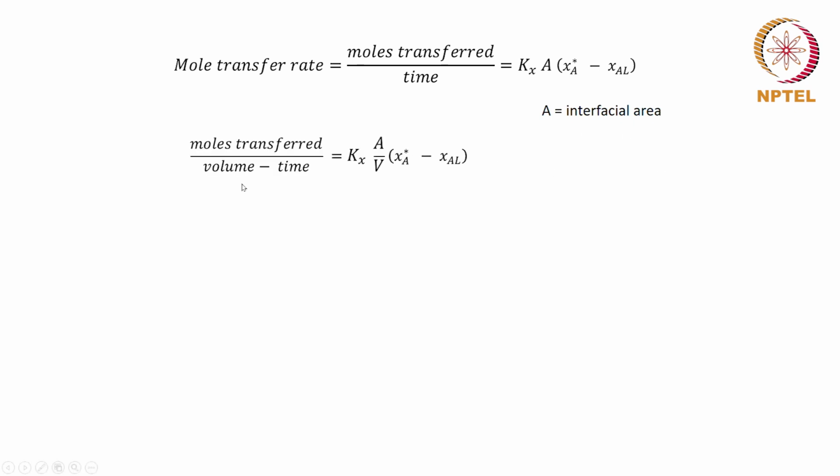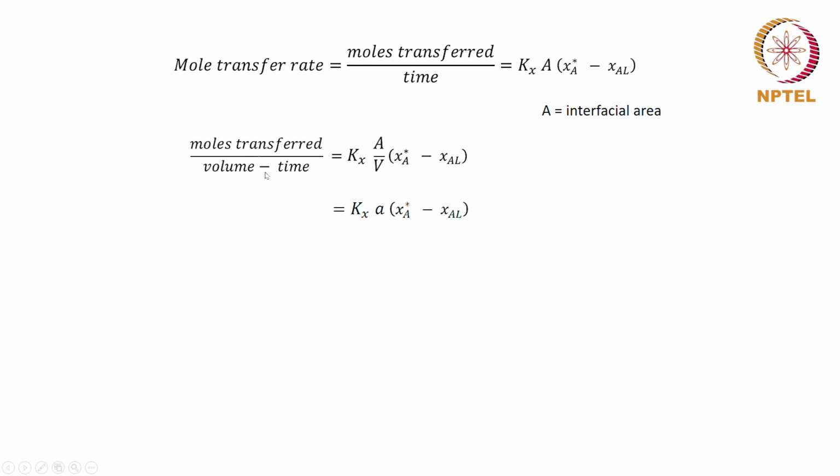So moles transferred per unit volume per time, because we like to normalize things in terms of volume, is we divide this expression here by the volume of the bioreactor, by V. So Kx A by V, Xa star minus Xal. And this A by V is typically represented as the lowercase a, the surface area per unit volume.